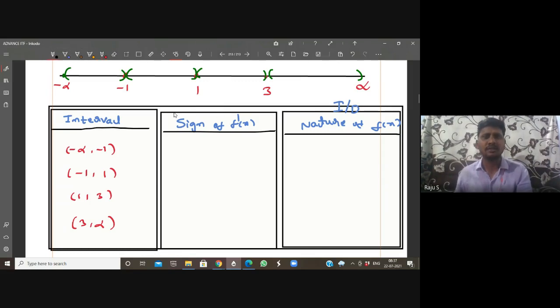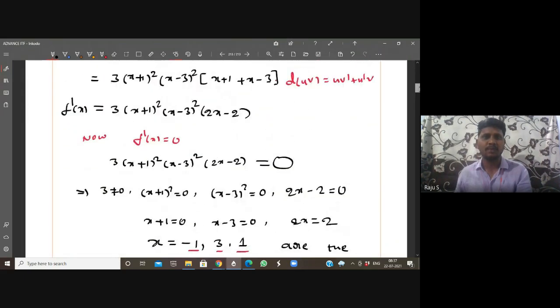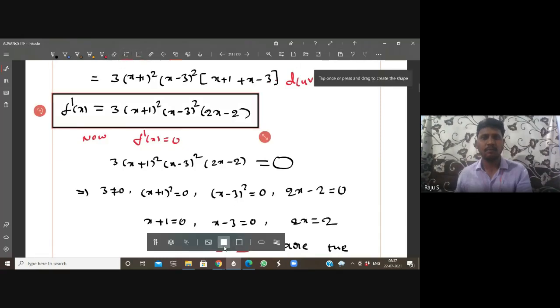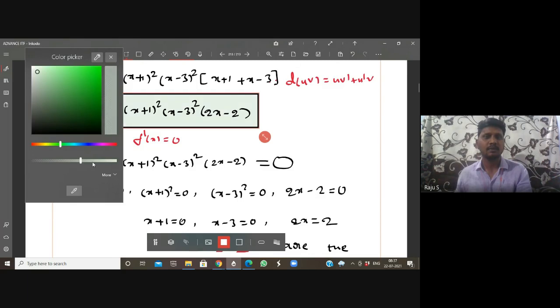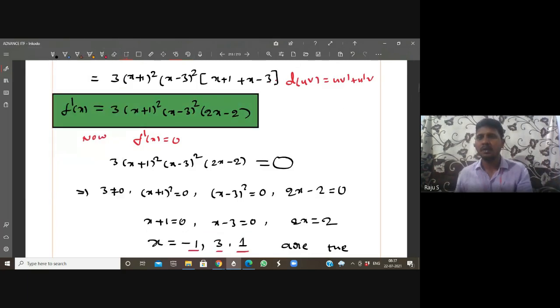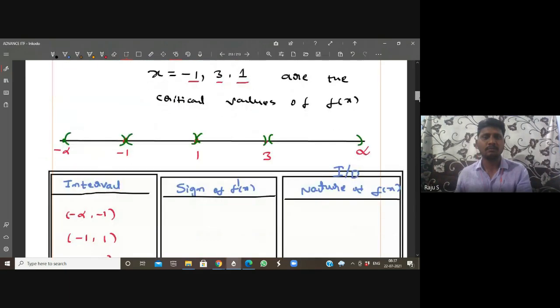How to check the sign of f dash of x? So first, what is f dash of x? We got it here. If possible, you have to write here f dash of x value, 3 into x plus 1 whole square.